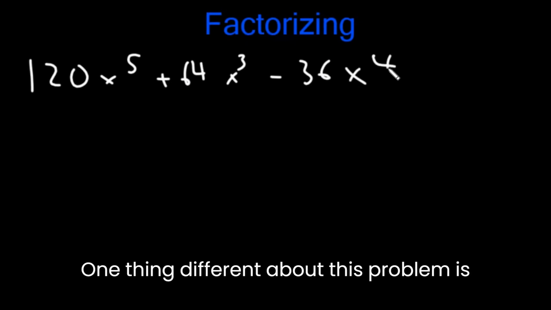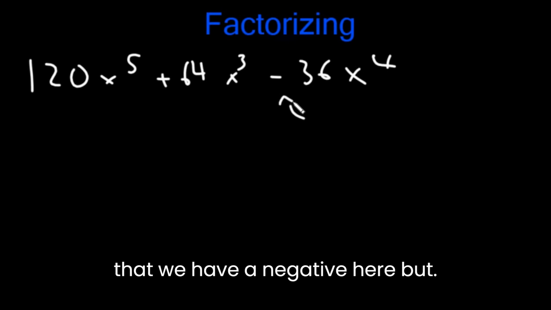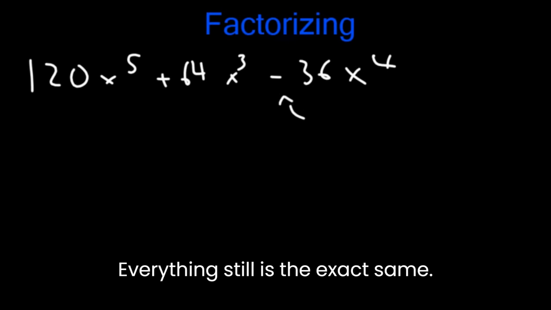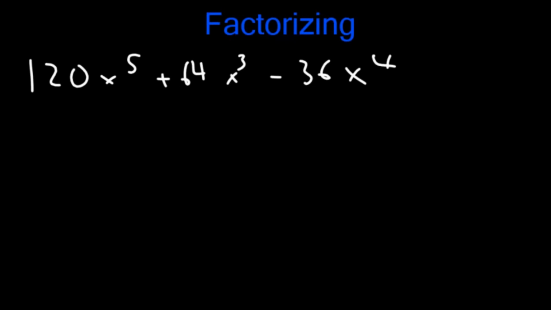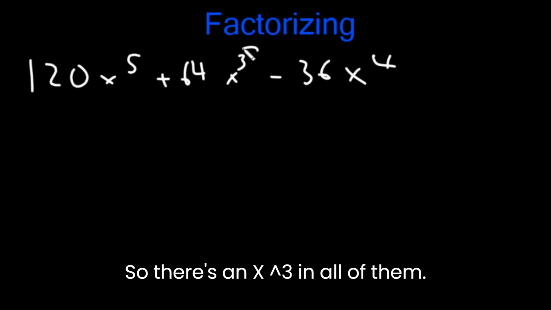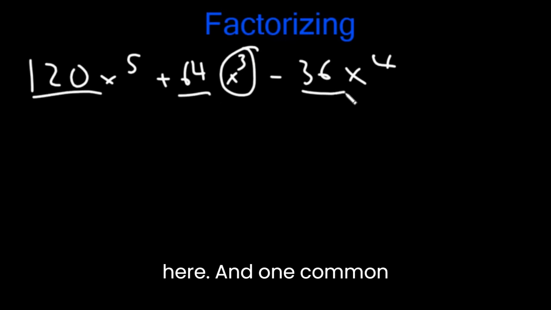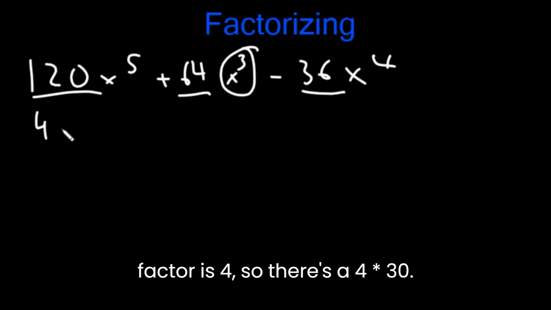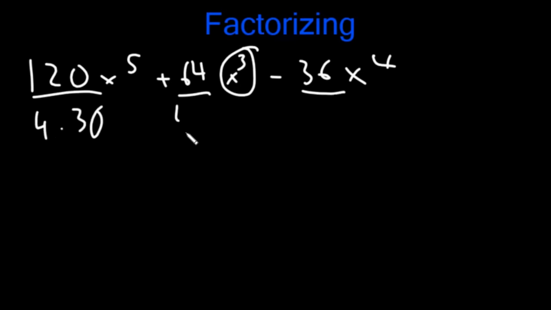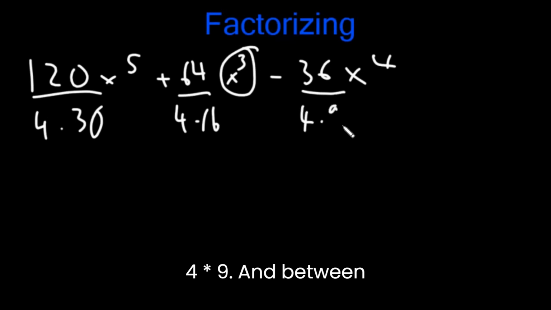One thing different about this problem is that we have a negative here, but everything still is the exact same. So there's an x cubed in all of them, and we can search for common factors here. And one common factor is 4. So there's a 4 times 30, 4 times 16, and 4 times 9.